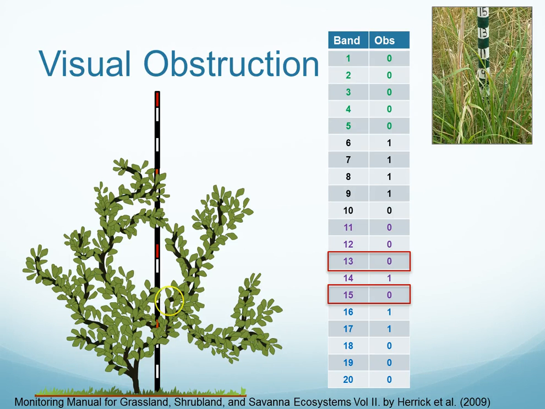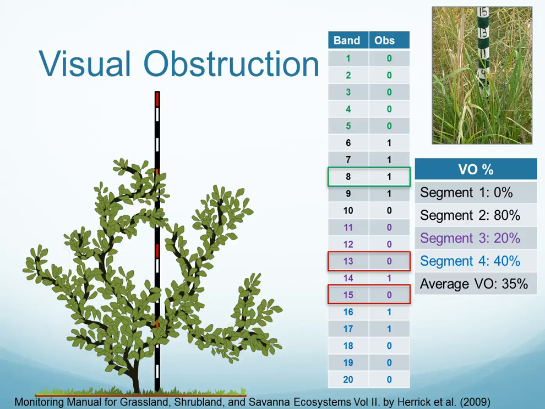And so for this little band here, number 15 in black, and number 13 in black, even though they are obstructed by some vegetation, less than 25% of the band is obstructed, and so they are not marked as being visually obstructed. In band 8, which is this black band here, you can still see the band, but more than 25% of it is obstructed by vegetation, and so it gets marked as being obstructed.